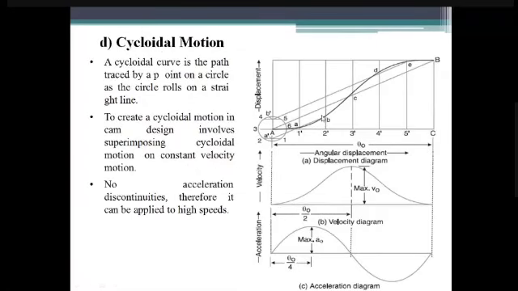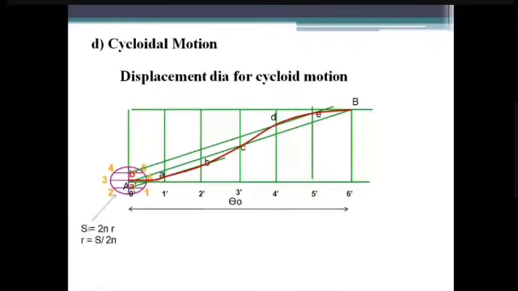So what about cycloidal motion? Similarly, for follower types of cycloidal motion, we have to make a small circle here. The calculation is s equal to 2 pi r, so r is equal to s by 2 pi. Just make the circle and connect all the lines from the center, from the diameter points 3 to 6.